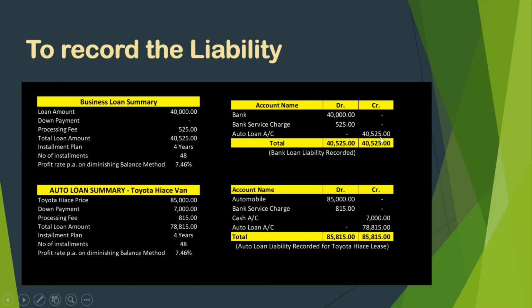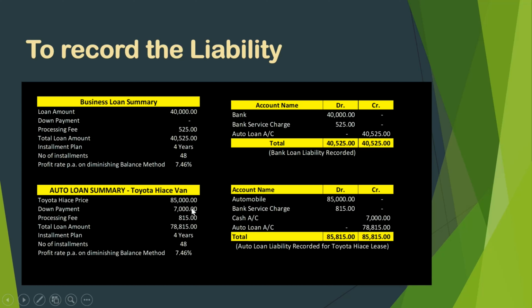Then the second entry for the auto lease. For the auto lease, your automobile's invoice value is 85,000. So you will debit the fixed asset automobile account, and then you will debit the bank service charges 850. Then you have made a down payment also.